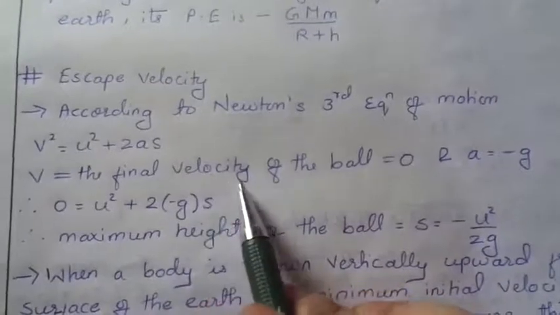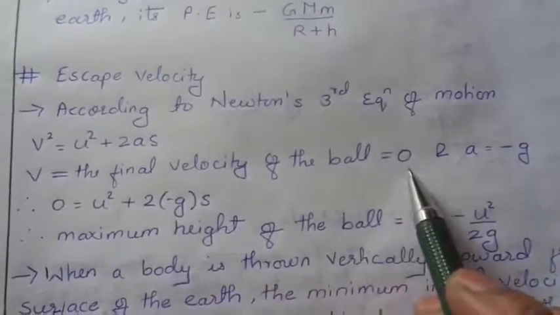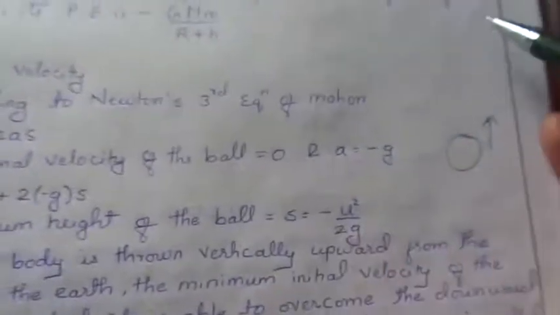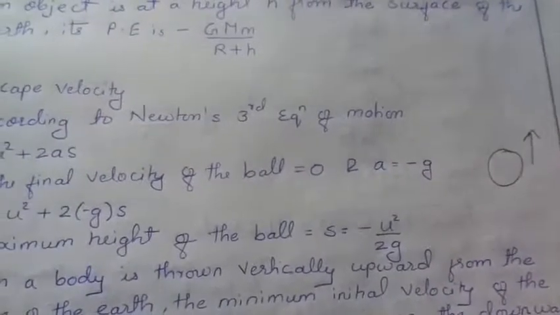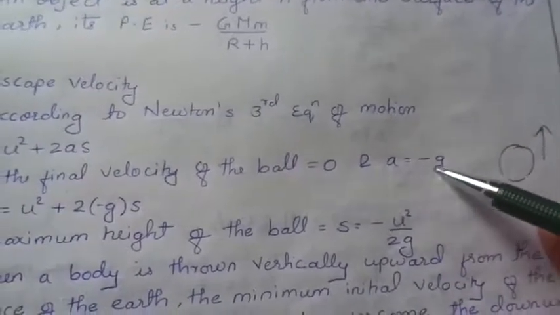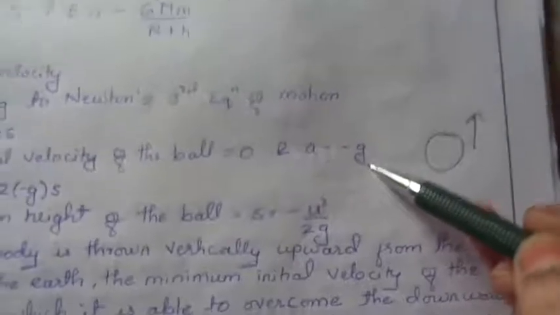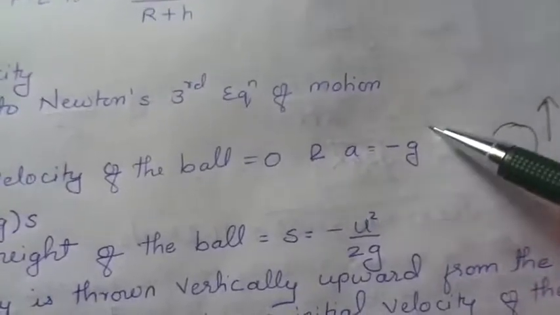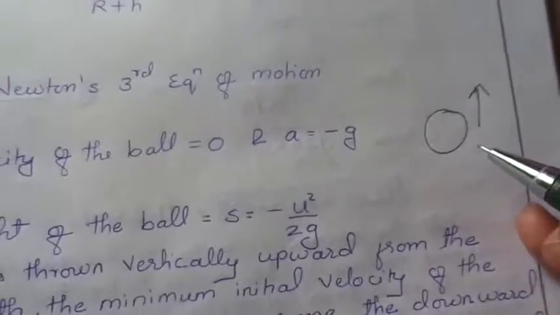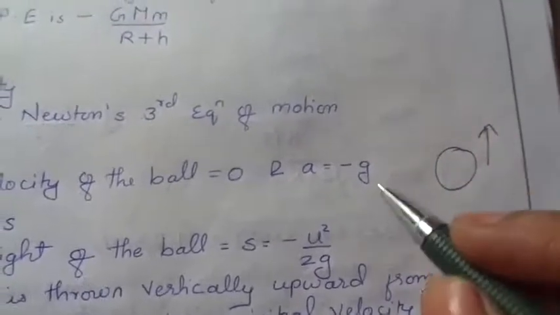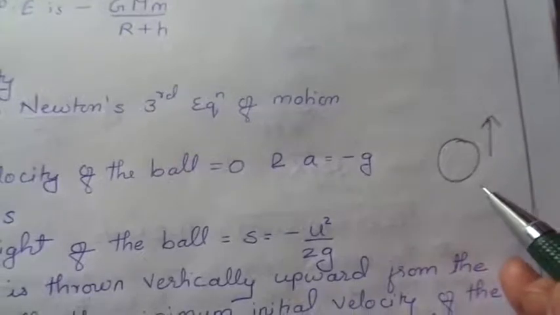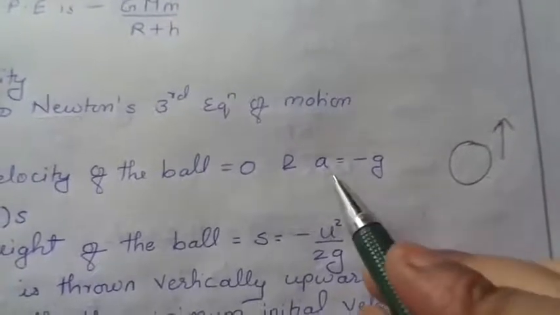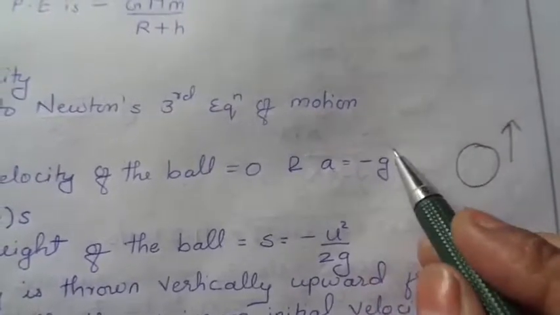So v is the final velocity of the ball, that is 0, because it will reach a height, and acceleration is minus g. This we have discussed when we were discussing the acceleration due to gravity. If you are throwing a ball vertically upward, it is against the gravitational force, so g will be negative.